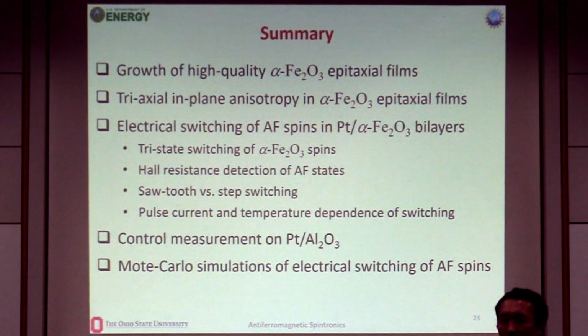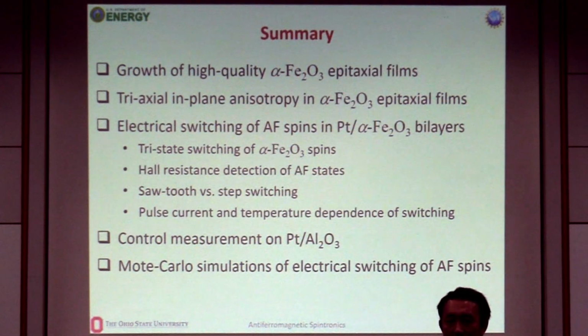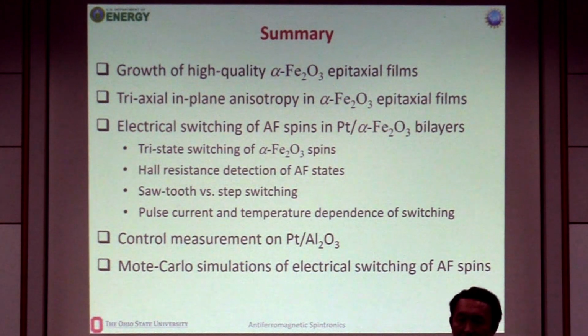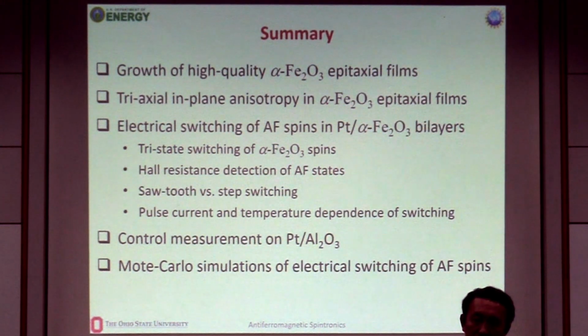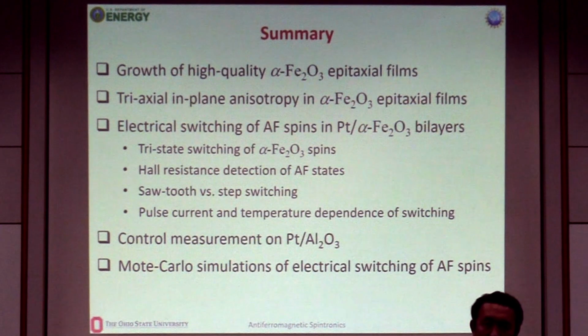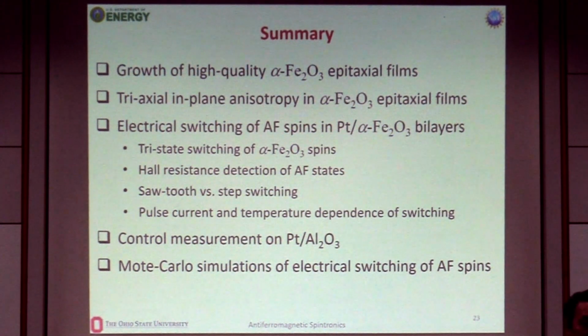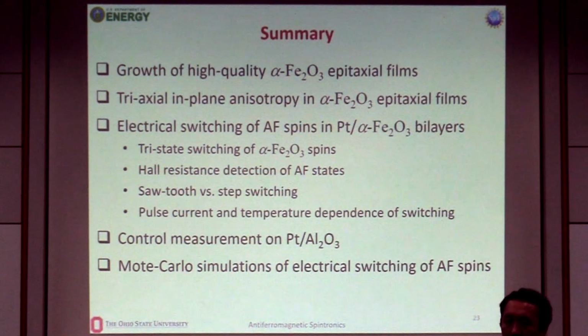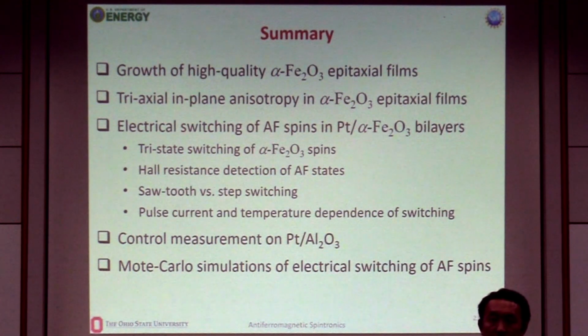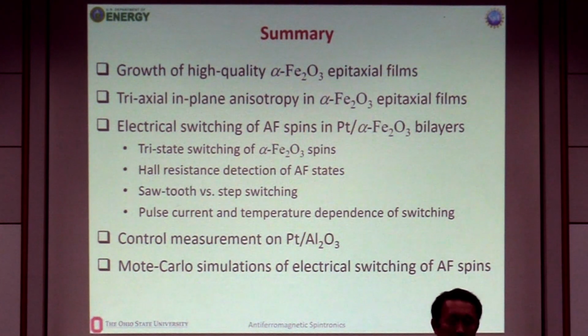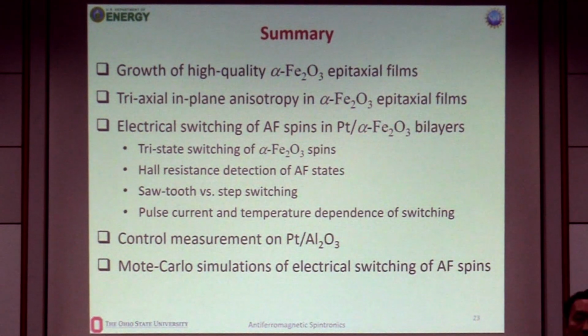I also want to add two comments on combining your results. The first: I think the switching features depend on the system, on the materials. This one-step or sawtooth switching especially depends on the anisotropy. As I showed in my experiments, for example for magnetite, switching from the hard axis to the easy axis is one step, but from the easy axis to the hard axis is sawtooth.